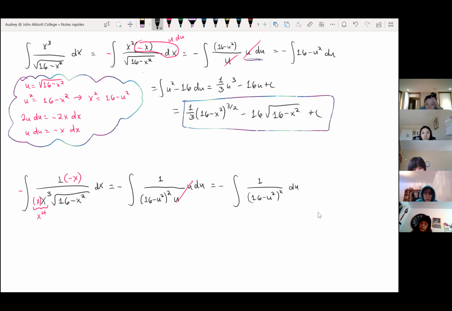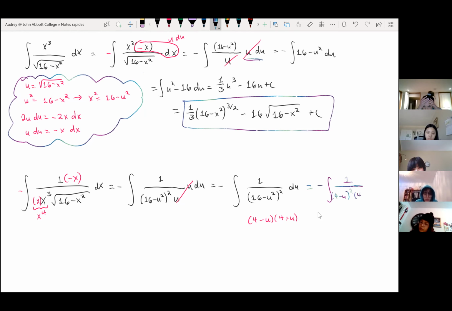And I can use trig sub here, but I want to point out that I could also do this. I could also say that 16 minus u squared is the same thing as 4 minus u times 4 plus u, because that is a difference of squares. So I could think of this as negative 1 over 4 minus u squared times 4 plus u squared, that's a plus sign there, my bad.